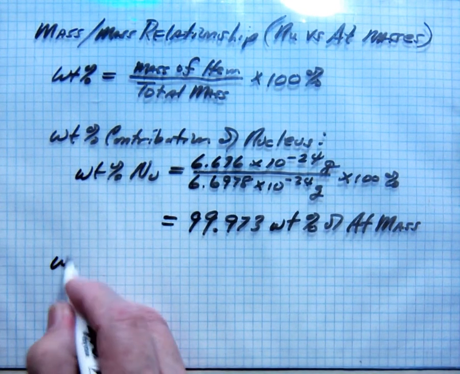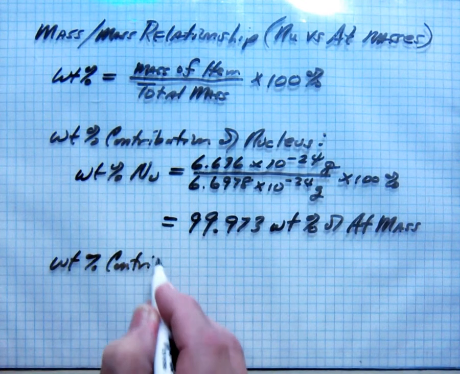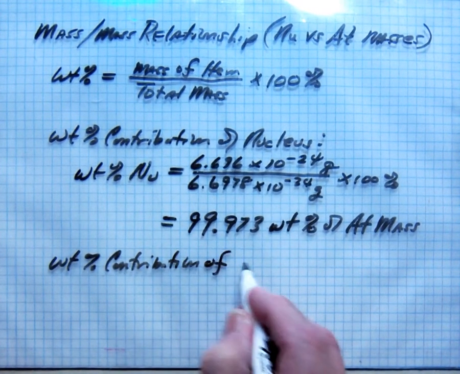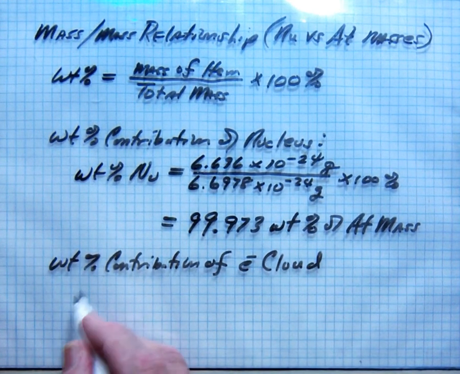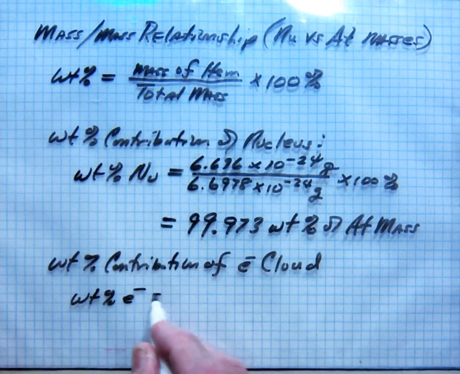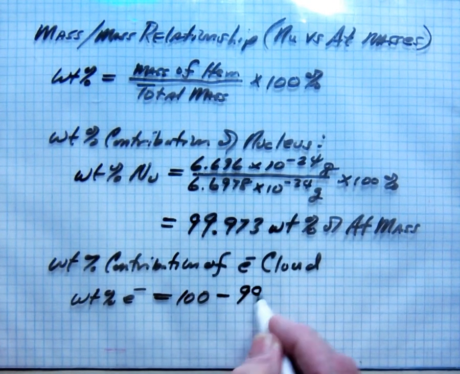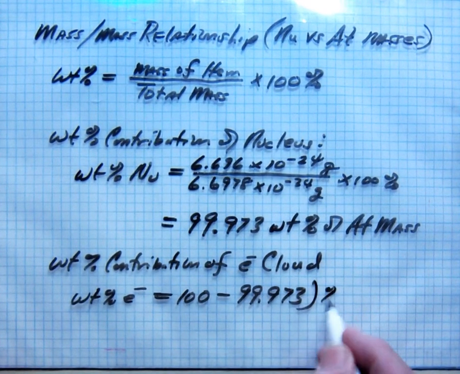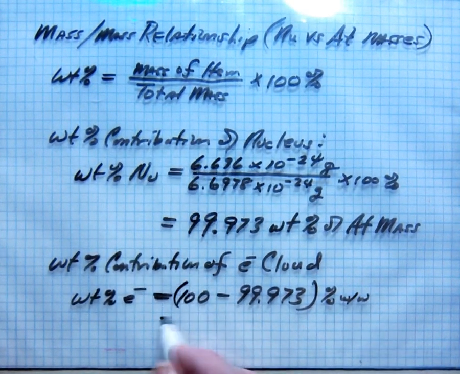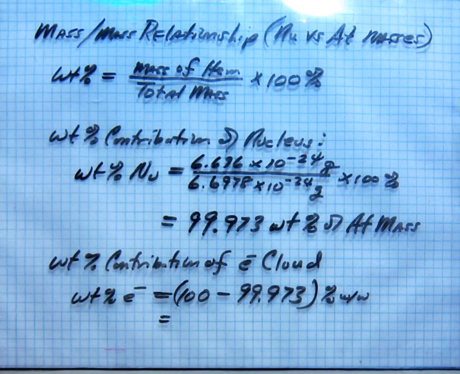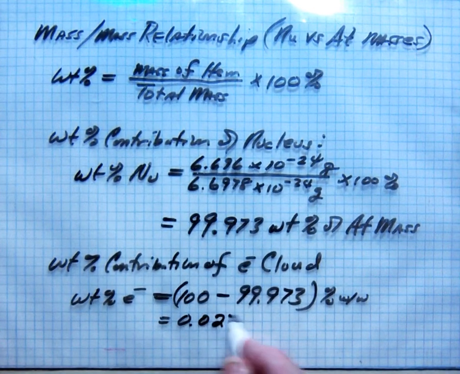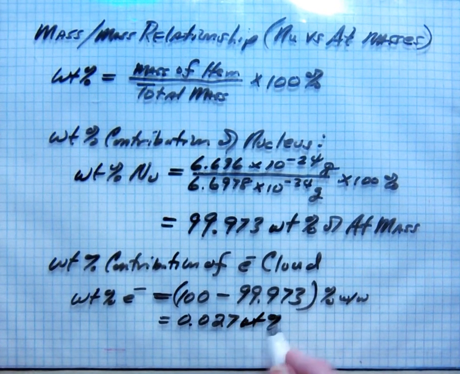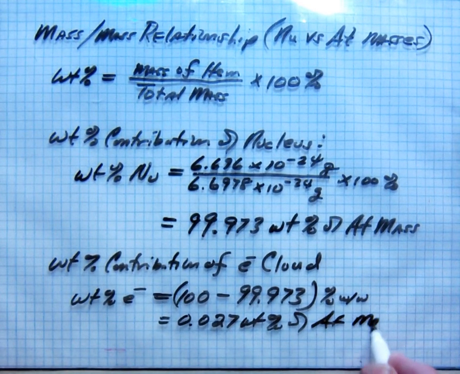Well, the weight percent contribution of the electron cloud, let's just generalize all whatever the electrons are doing, weight percent electron is equal to 100 minus 99.973 percent by weight, and .027 weight percent of atomic mass.